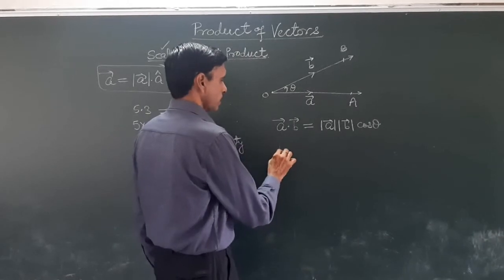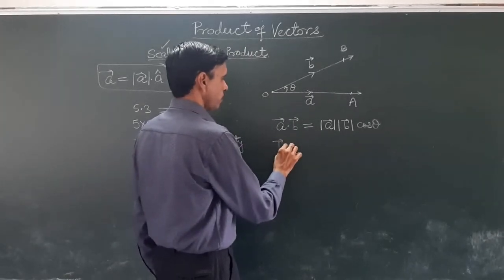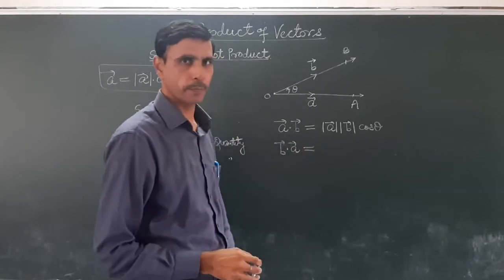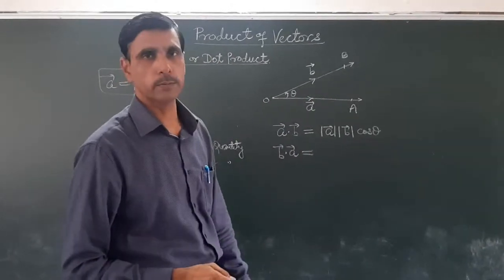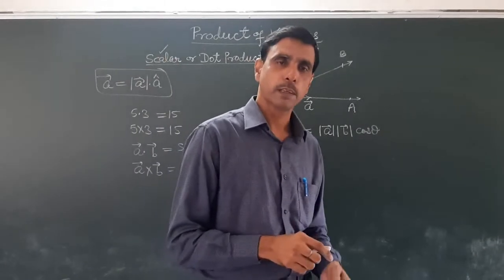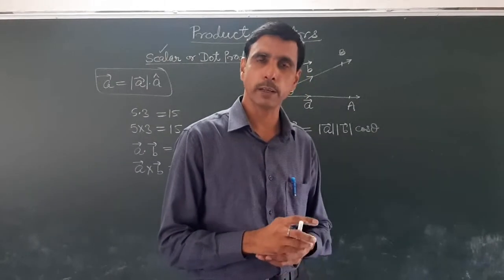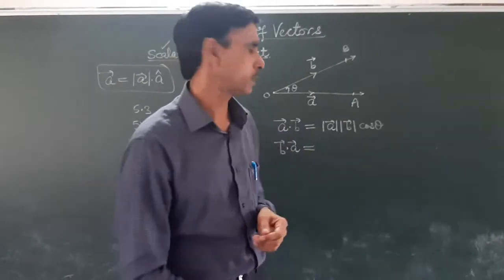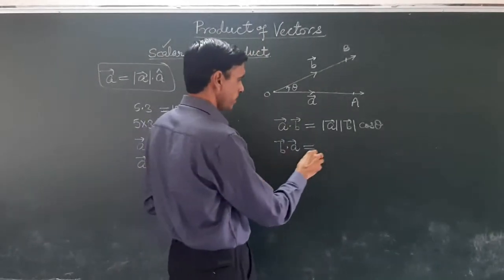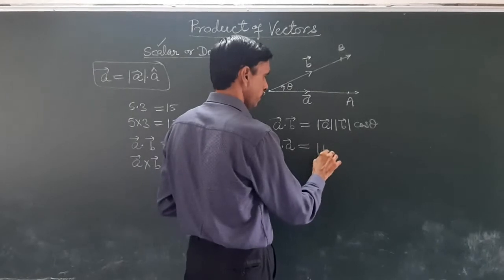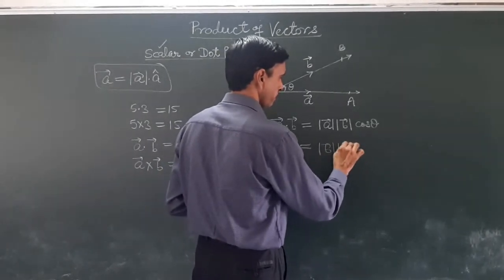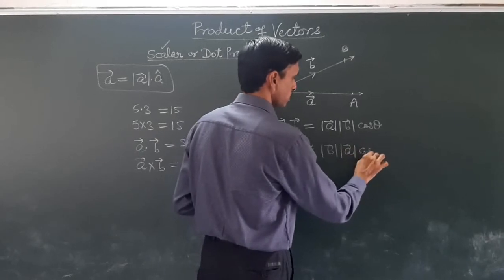If you find B dot A, what is B dot A? Same definition. But remember, in vectors, direction plays a very important role, or due to direction it is vector. So whenever we need to find B dot A, it will be magnitude B, magnitude A, and what is cos?